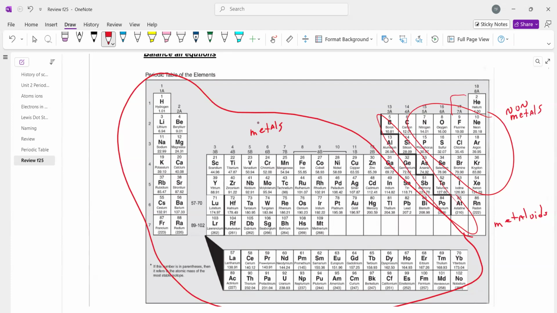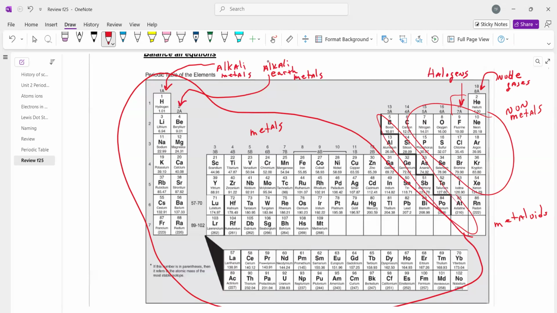Okay, we have 4 groups. We have the alkali metals, alkali earth metals, halogens, and noble gases.